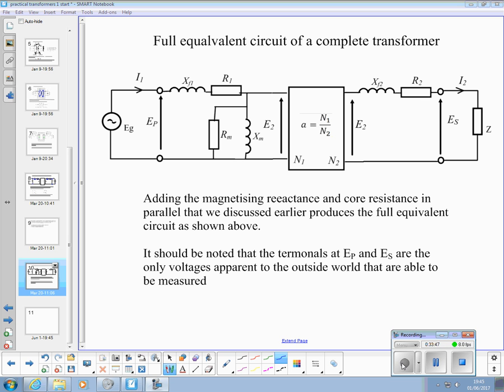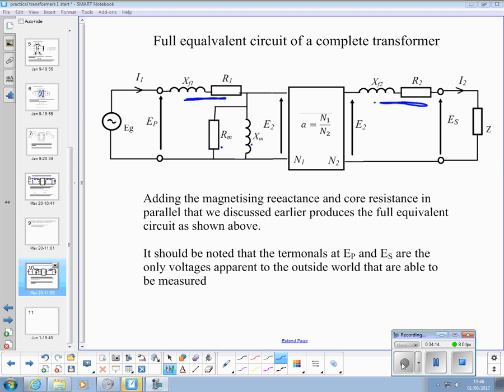So that's your full transformer model. It includes everything. So we've got our leakage flux and winding resistance in the secondary, and then we've got our iron losses and magnetising current represented there.